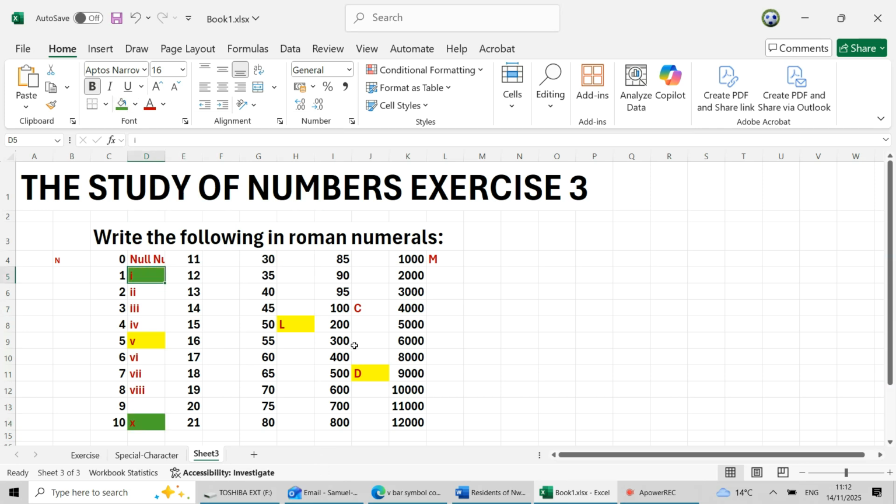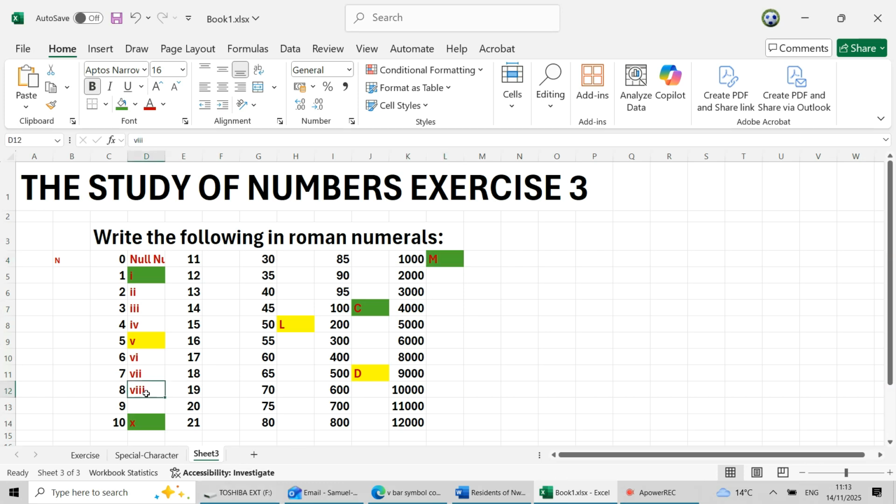And then we can repeat C as well, at most 3 times. And we can repeat M as well, at most 3 times. But V, L, D cannot be repeated. We just play with other numbers on either side of them, left or right. To increase, we add. To reduce, we subtract from the left.